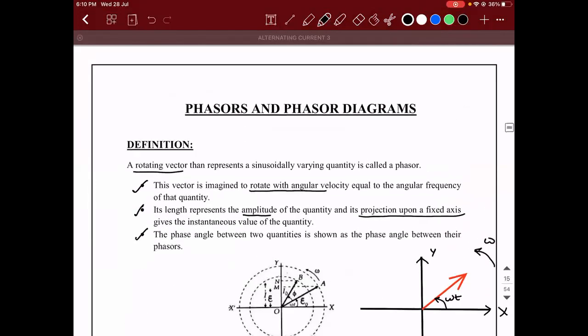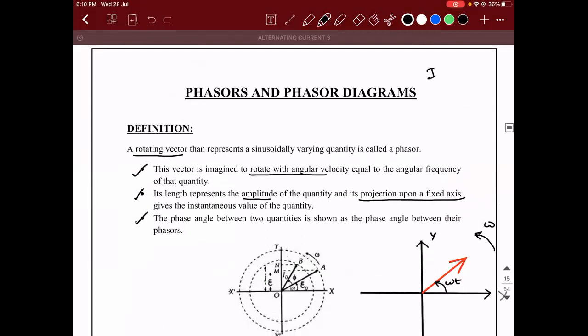So what do I mean by angular frequency of the quantity? For example, I is equal to I naught sine omega t. The speed with which the phasor is revolving is equal to omega. That is the angular frequency with which it is revolving.